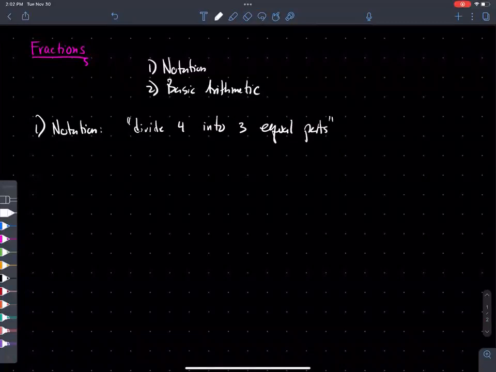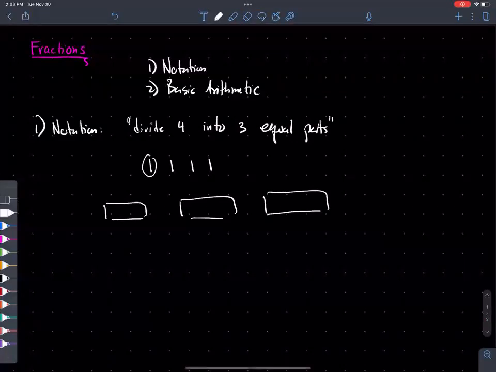Suppose I have 4 items, 1, 2, 3, 4, and I want to subdivide this into 3 equal parts. So I'm going to have 3 divisions, 1, 2, and 3, and this is where I want to place my numbers. I take this one here and bring it there, so I have 1. I take the second one and bring it here, so I also have 1, and then the third I bring to the last one, and I also have 1.